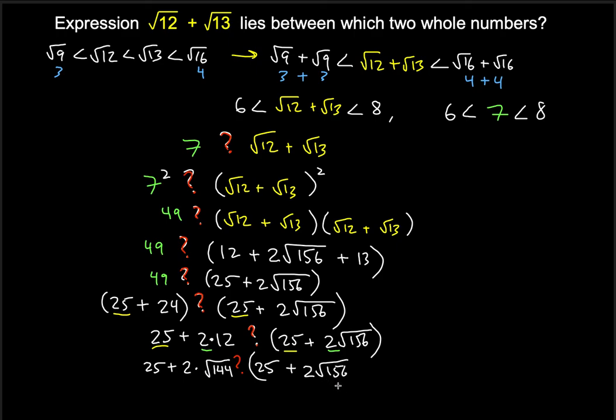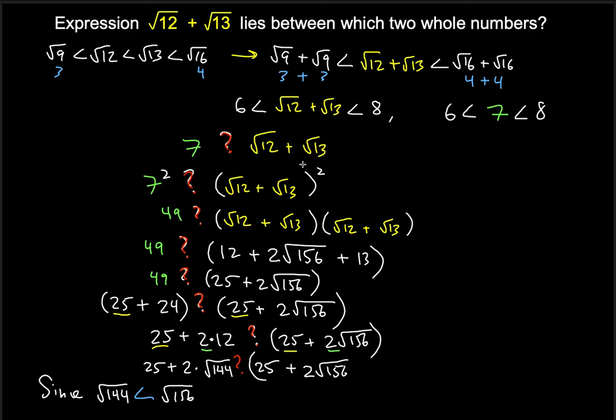So now look what happens. Since radical of 144 is less than radical 156, right? Because 144 is less than 156, the square root of 144 is also going to be less than the square root of 156, right?